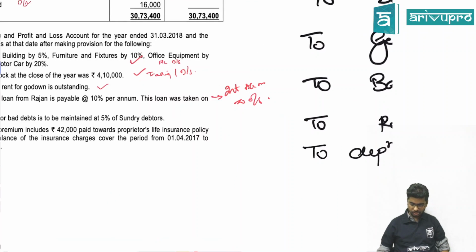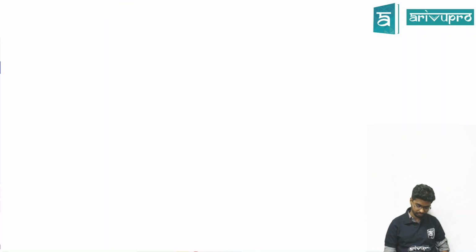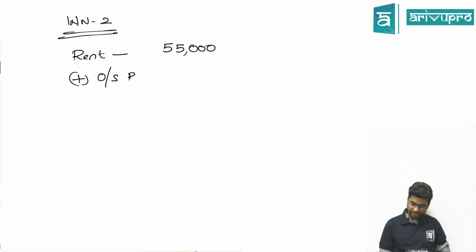Outstanding rent. So let me come back to working note 2. What is the current rent amount? How many months are there in a year? If they are saying 1 month is not paid, that means 55,000 stands for what? So that means you need to add outstanding rent.